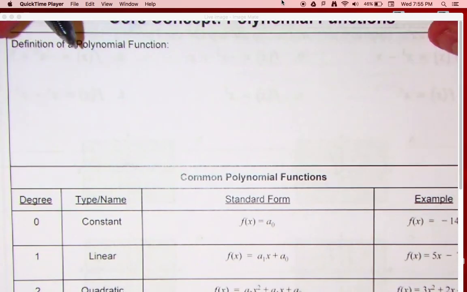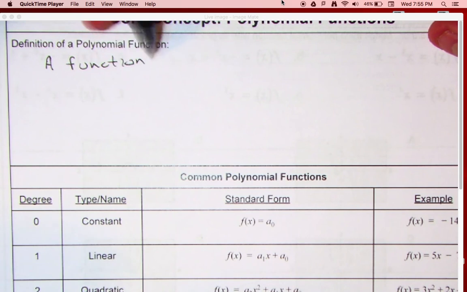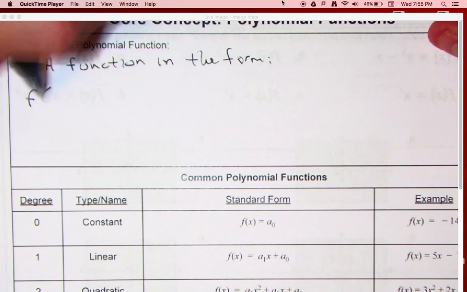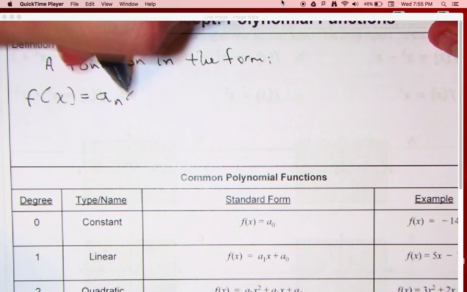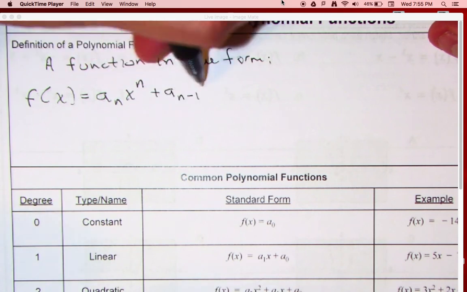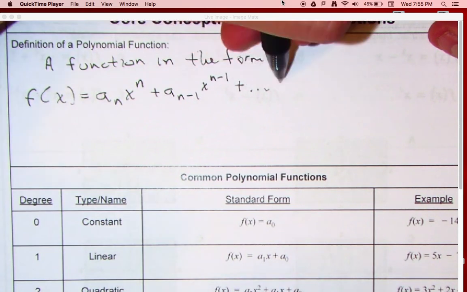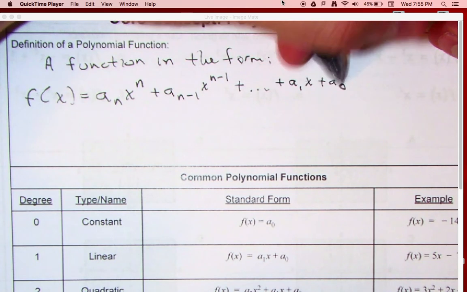A polynomial function is basically a function in the form of f of x equals a sub n times x to the n, plus a sub n minus 1 times x to the n minus 1, all the way down to a sub 1 x plus a sub 0.